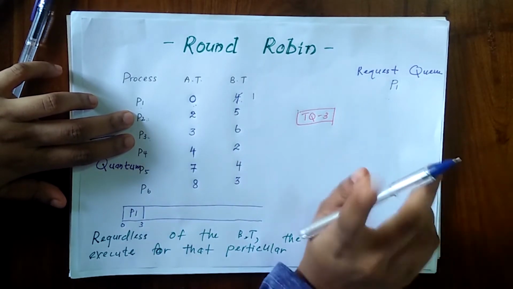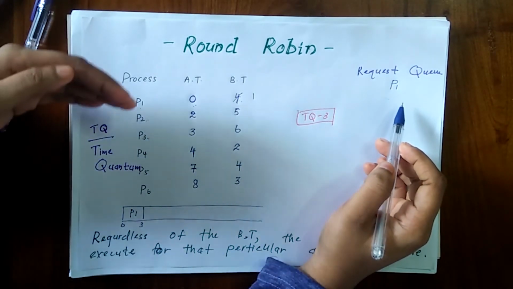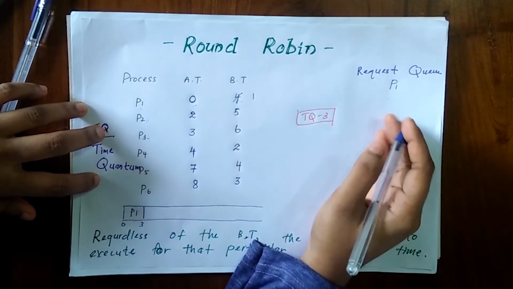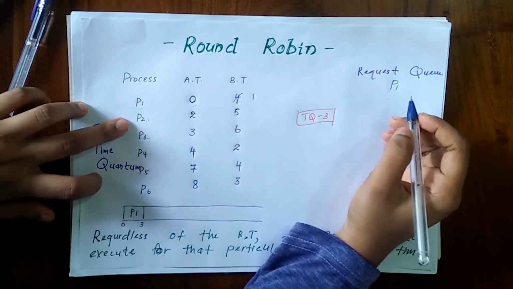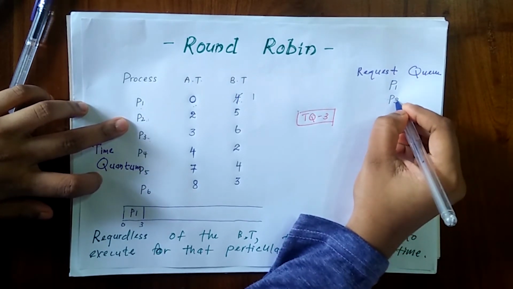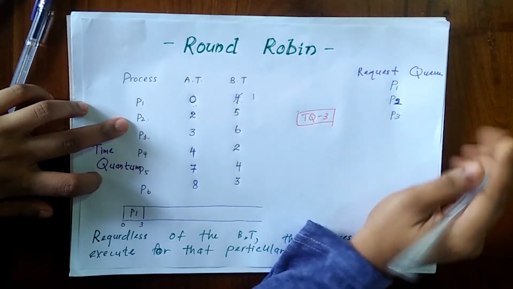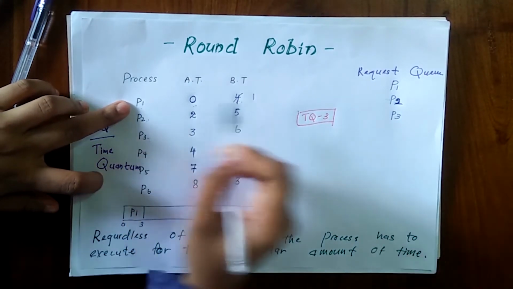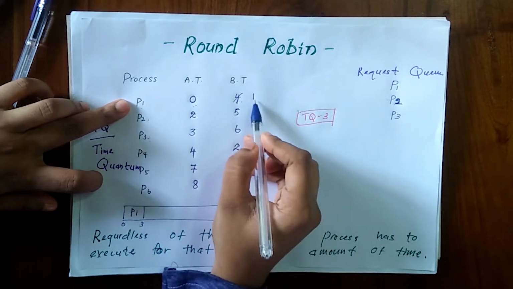At the beginning I told you that we put these processes into the request queue according to their arrival time. So we write P2 here and then P3. And I told you that P1 has 1 millisecond remaining.